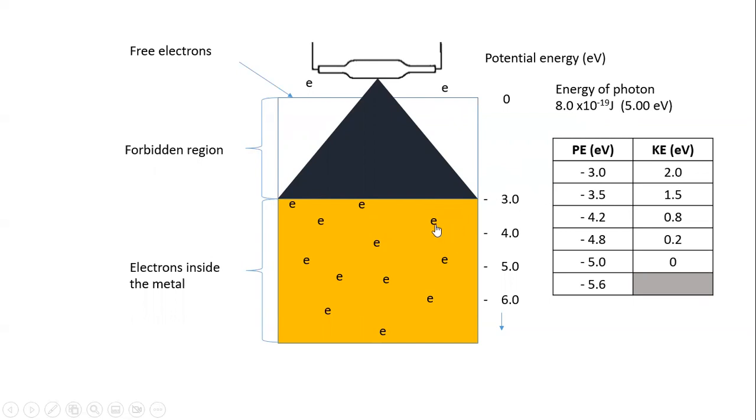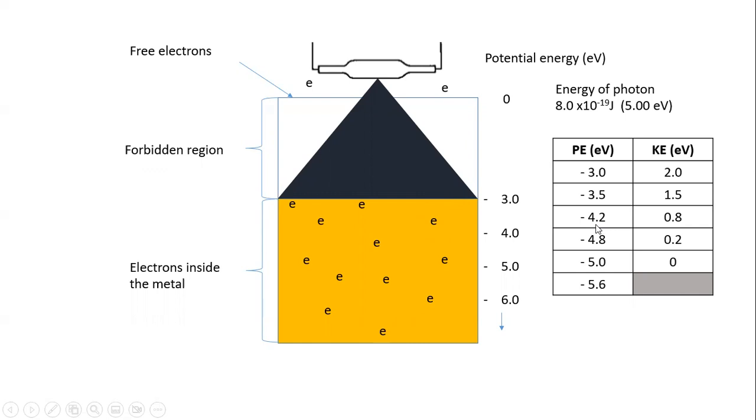This electron here that has a potential energy of 3.5 electron volts can also absorb the 5 electron volt photon and come out. However, it's going to use 3.5 electron volts of energy to come out, so the balance will be 1.5.